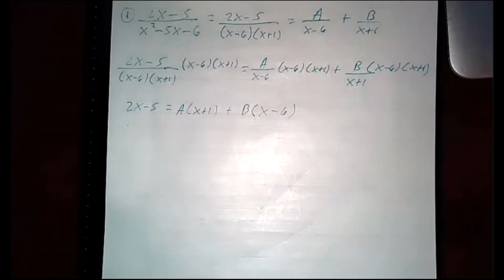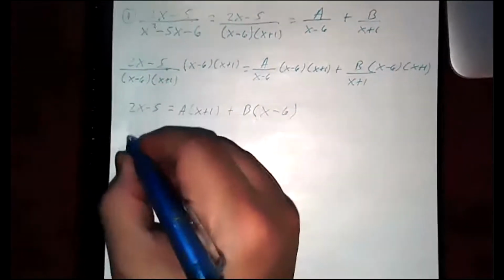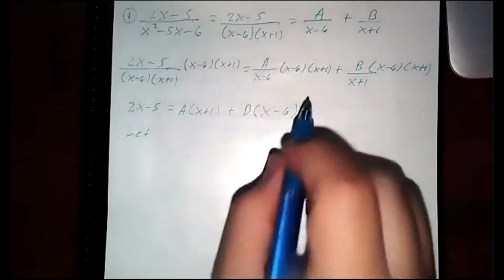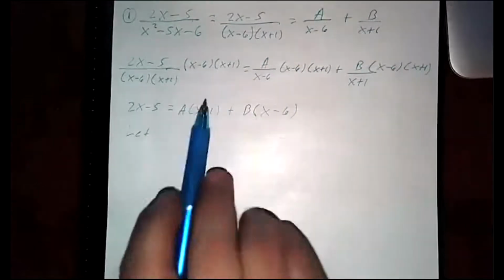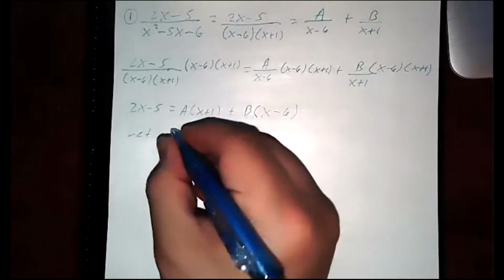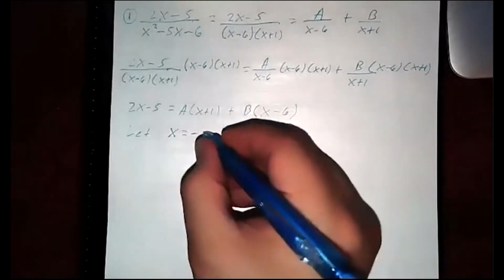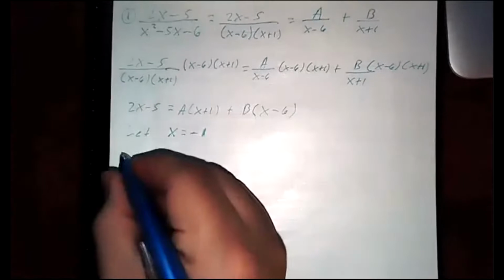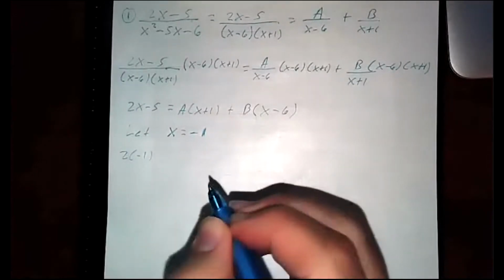All right. So Heaviside says you just choose an x that will make this simple. In other words, cancel the A or the B. So let x equal negative 1. So then I got to plug it in everywhere.